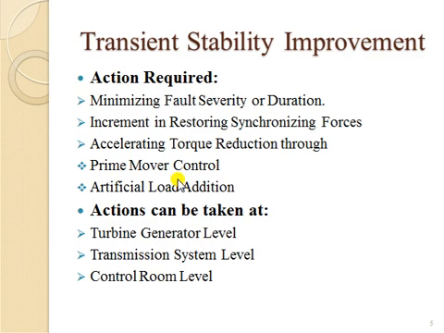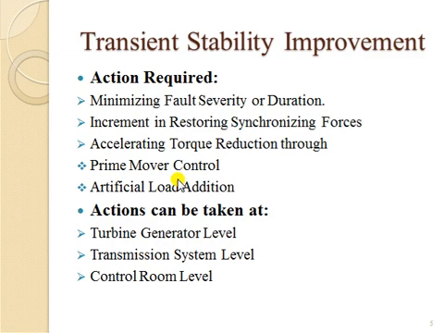In a similar way, for transient stability improvement, two actions are required: minimizing the severity of the fault, or minimizing the duration of the fault. Duration minimization means either you remove that fault from the system, or you isolate the faulty part from the system.